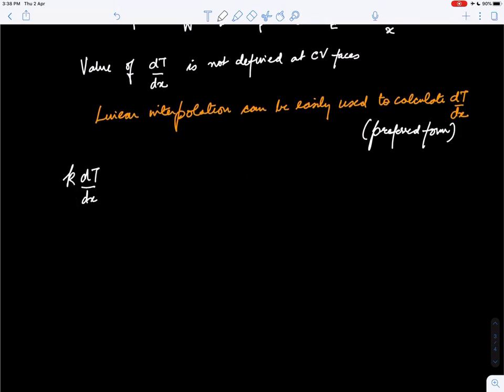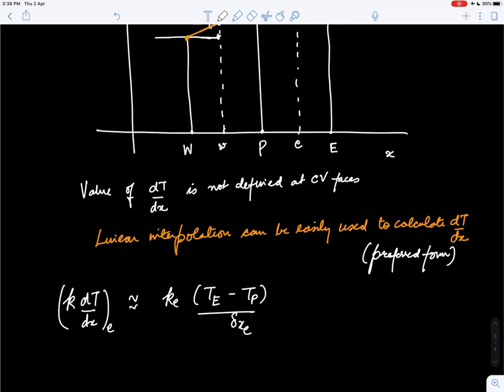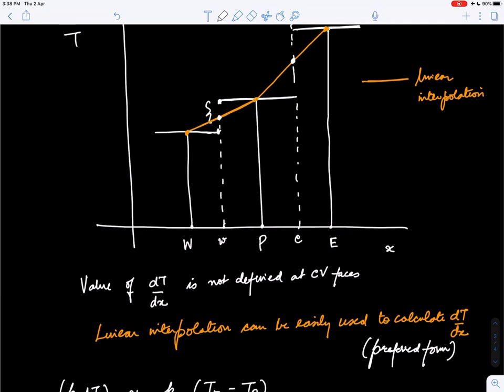k dT/dx at the east face. Let's say I could approximate this as k_e (T_E minus T_P) by delta x_e, where delta x_e is essentially this distance, and this is delta x_w.